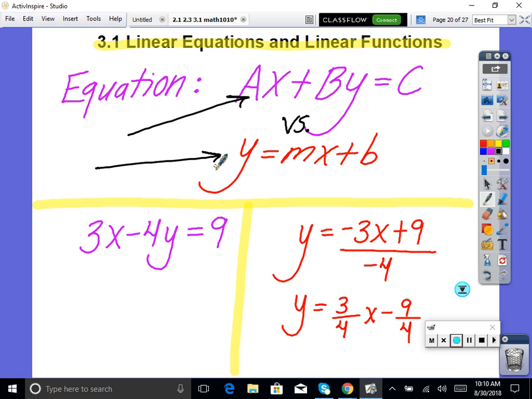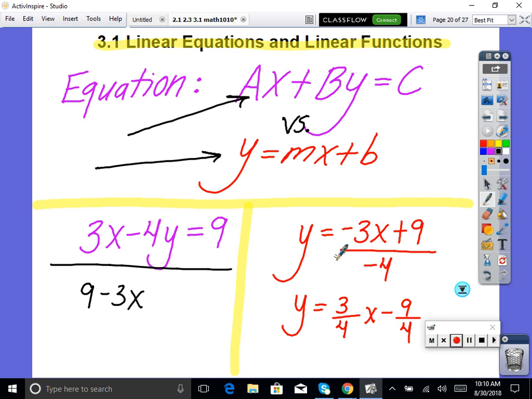For example, I'm showing you 3x minus 4y equals 9. That's in standard form. That's kind of pretty. But let's put it in slope-intercept form if we really so desired. What do we subtract over? Subtract 3x. So we would have 9 minus 3x. Because I want it in mx plus b, I put the mx part first. Negative 3x plus 9.